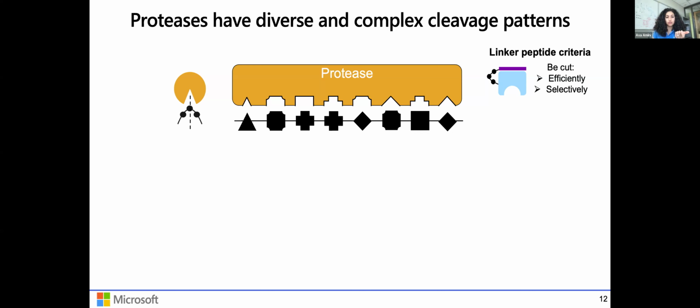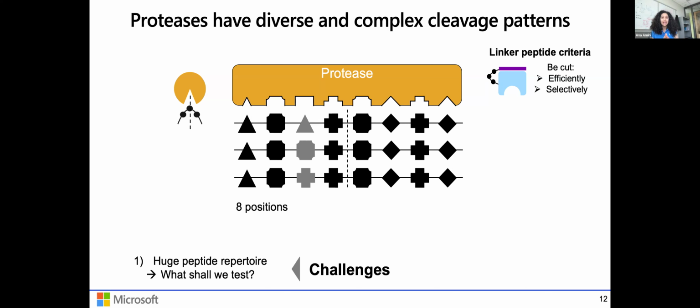While this example shows one possibility, there can actually be multiple promiscuous substrates that still fit within the catalytic site of a protease. Even further, if we think about just a short peptide region of, let's say, 8 positions of amino acids, the complexity over this design space quickly scales combinatorially.